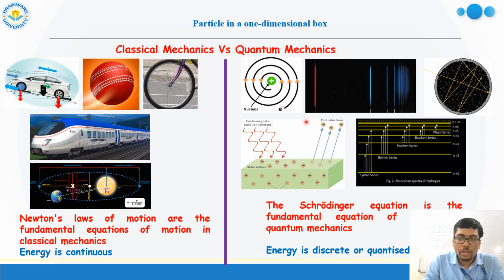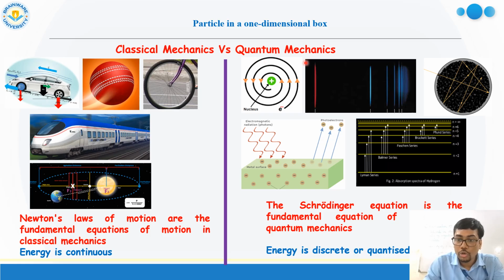Briefly, for macroscopic particles we can use classical mechanics, which follows Newton's laws of motion, and where the basic assumption is that energy is continuous. But for microscopic particles, at the subatomic level, some observations cannot be explained by classical mechanics.